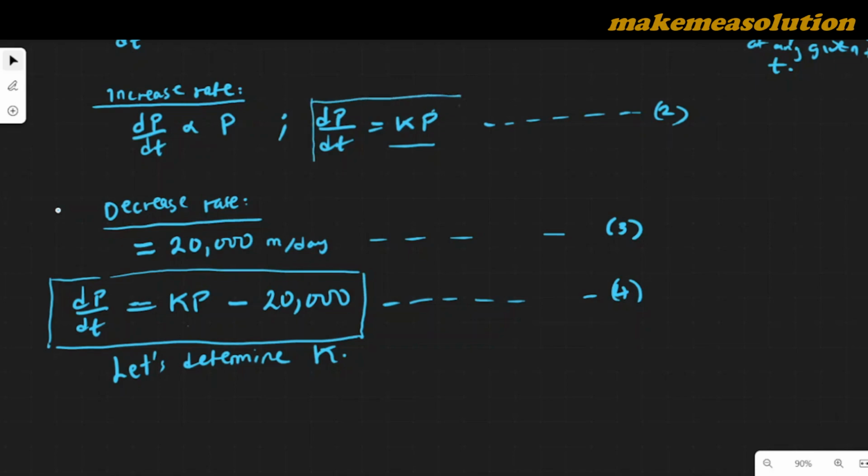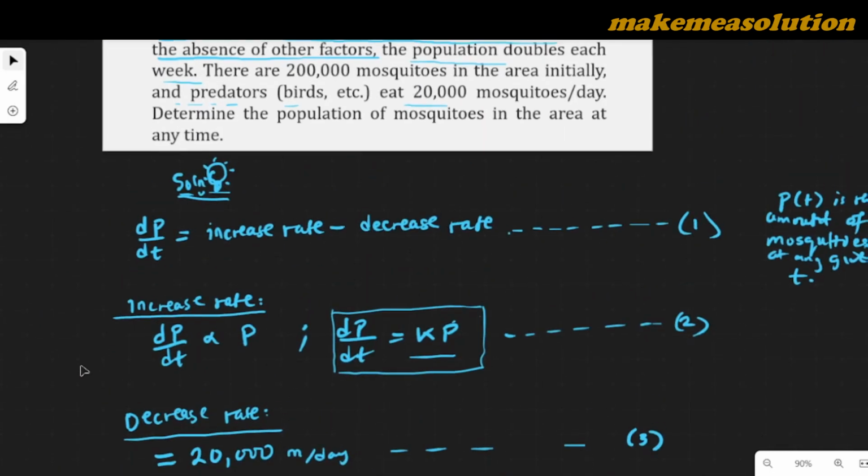Our increase rates and our entire model are almost the same with each other. The only difference is that in the equation that takes care of other factors, we have a minus 20,000, but in the ideal case we just have that dP/dt is equal to what? kP.